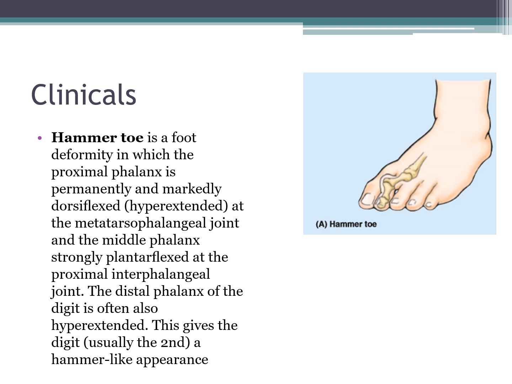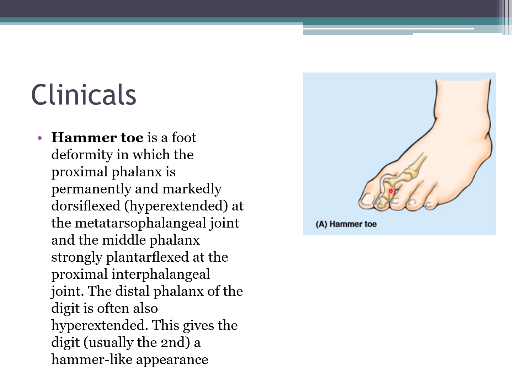Now coming to the clinicals, we have a condition known as hammer toe. Hammer toe is basically a foot deformity. You know that there are three phalanges, the proximal, middle and distal phalanx. In hammer toe, the proximal phalanx is permanently and markedly dorsiflexed at the metatarsophalangeal joint, and the middle phalanx is plantar flexed at the interphalangeal joint.